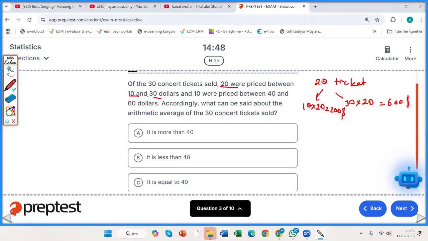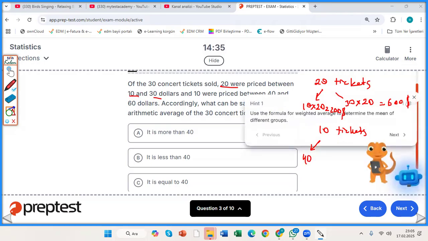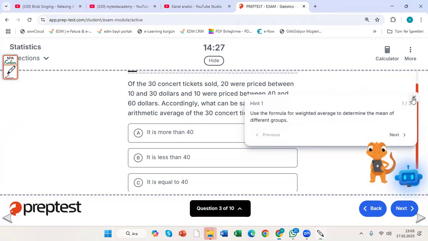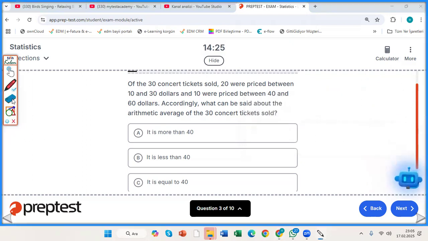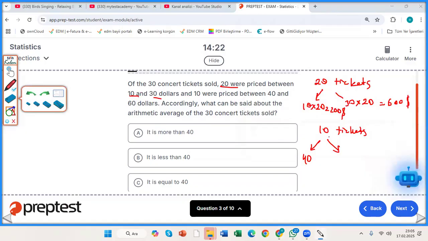When you look at the remaining 10 tickets, they can be sold for $40 or $60.